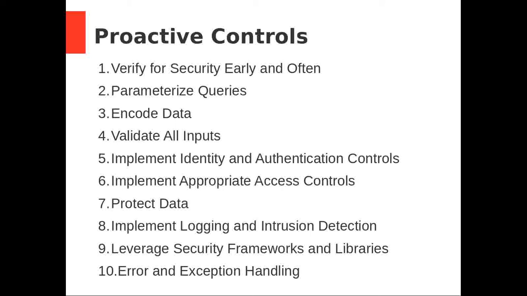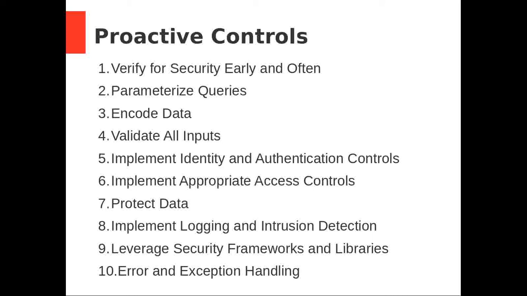Parameterize queries: pre-compile queries and only allow the parameters to be input. Encode data: translate special characters into different ones so that they are not accidentally interpreted. Validate all inputs: perform checks to ensure that the expected data is passed through to an application.